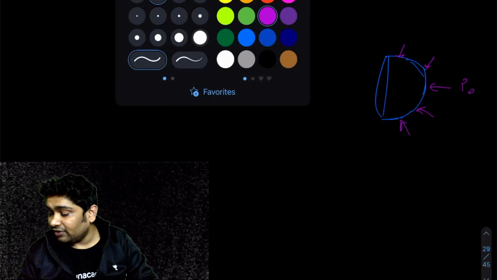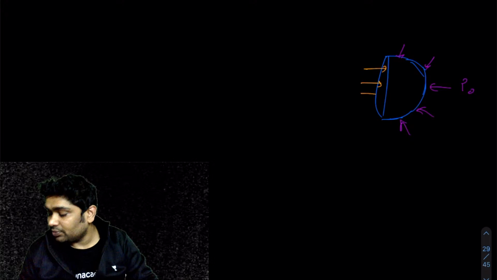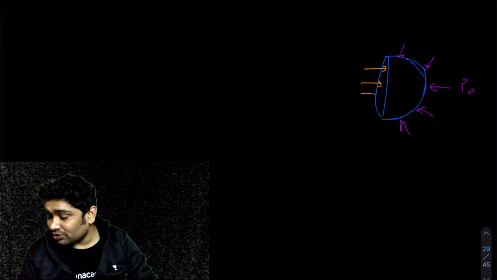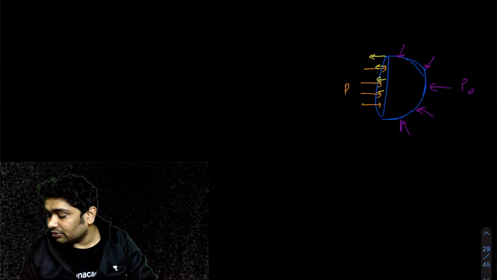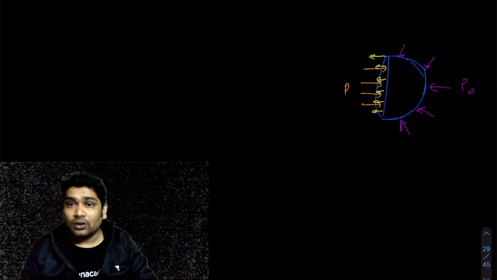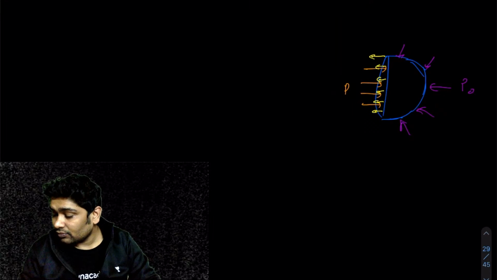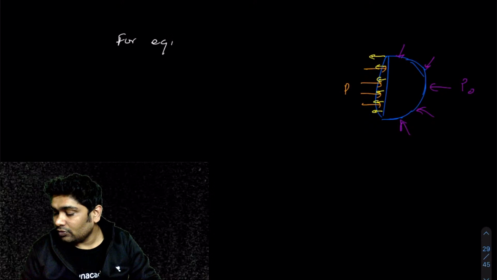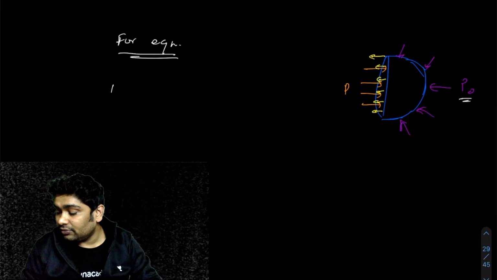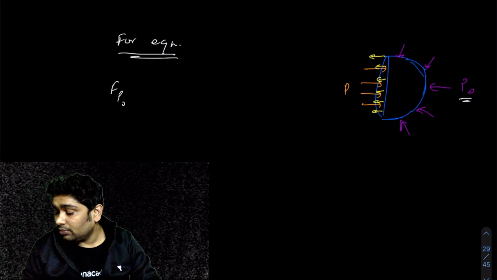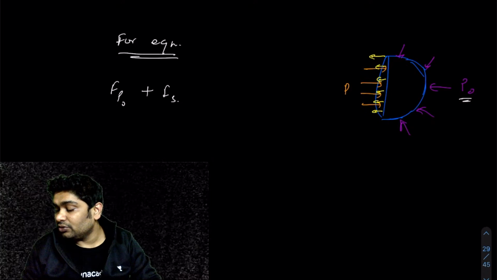Then you would have felt a force due to the internal pressure P, and then of course the force of surface tension acting on the surface molecules. For equilibrium, the force due to P naught plus the force due to surface tension would be equal to the force due to P.